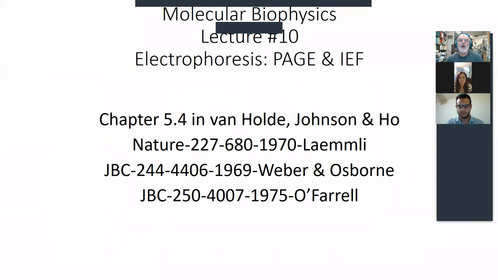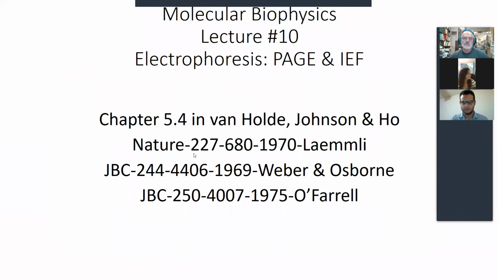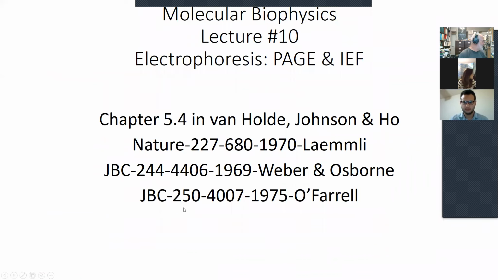All right. So this will be a kind of mixed source because I've taken some things from the old chapter 6, but primarily the flow comes from the book and it's section 5.4.